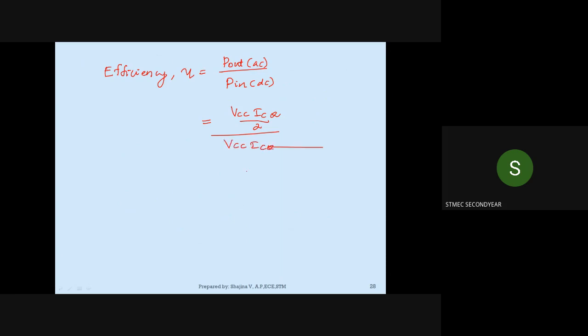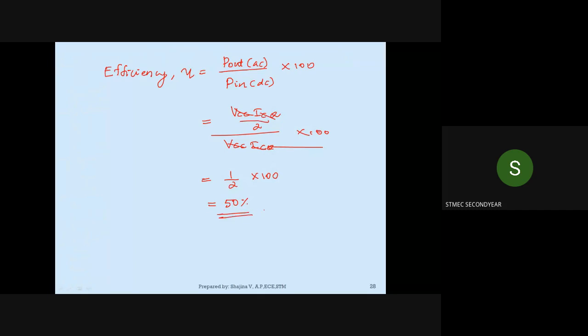So VCC into ICQ gets cancelled and you obtain 1 by 2. Normally, efficiency is expressed in percentage, so into 100. 1 by 2 into 100, that is 0.5 into 100, you will obtain 50%. In percentage, efficiency will be equal to 50%.